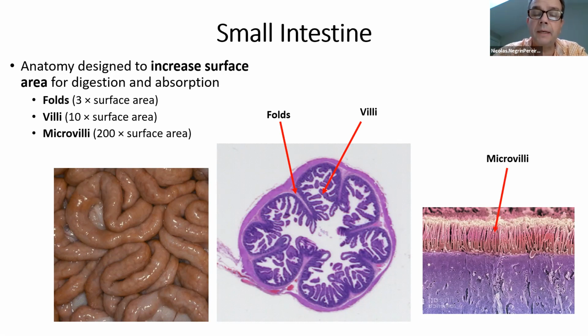And of course, with the microvilli, we're talking at the cellular level. So as you can see, the villi and the microvilli all fulfill the fundamental role of increasing the surface area for both digestion and absorption. And this is crucial for digestion in the animal.